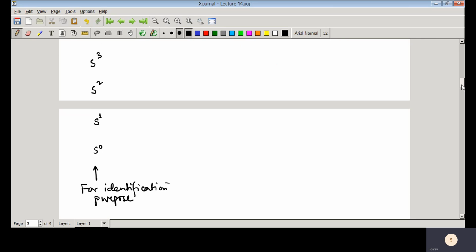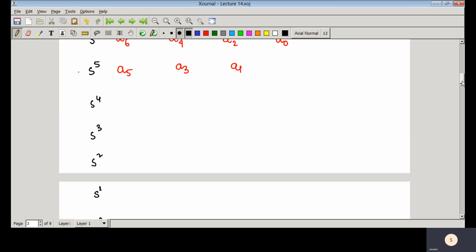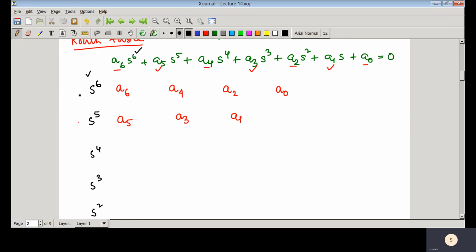Then in the first row we need to write all the even coefficients, and in the next row we need to write all the odd coefficients. Then we need to follow this particular multiplication method.